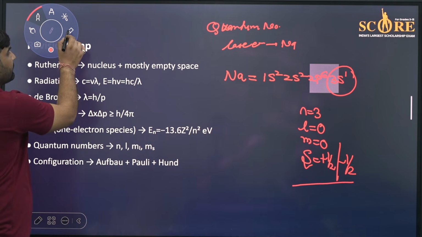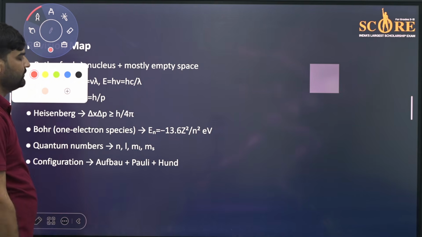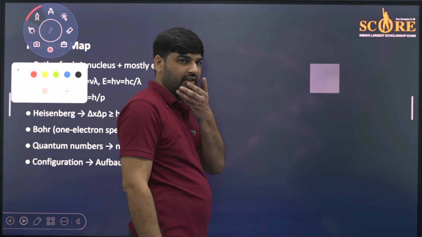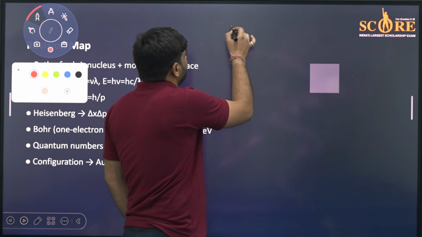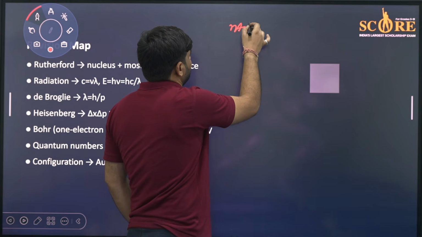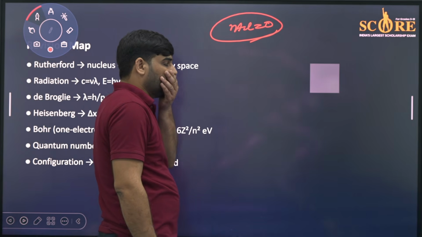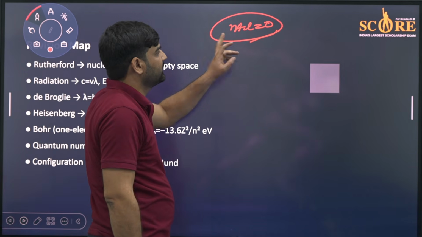Next question is, if I take n plus L value equal to 0, then tell how many electrons are present in magnesium satisfying this equation.